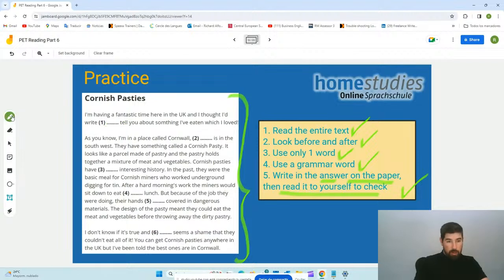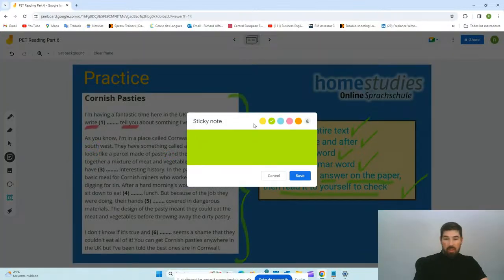Now we're looking at our before and after. I thought I'd write, tell you about something I've eaten which I loved. If you know the answer straight away, well done, good for you. I'll just give you some clues. You've got a gap, write, tell.